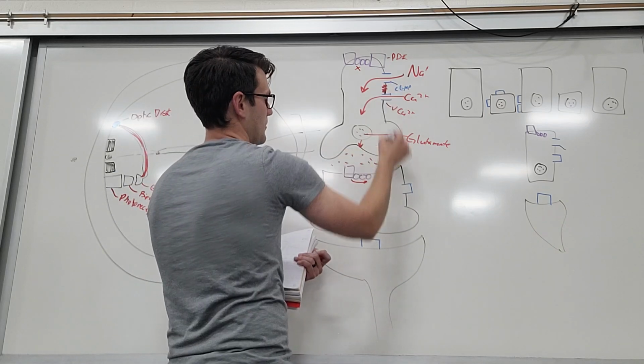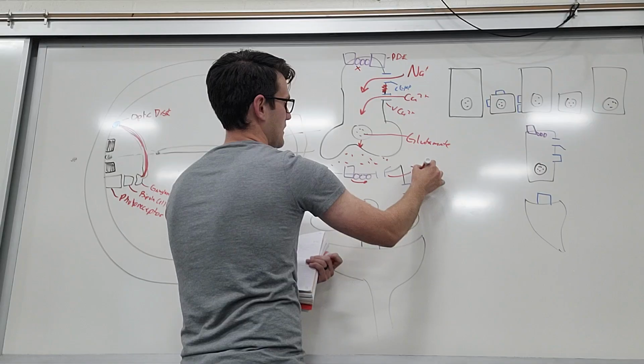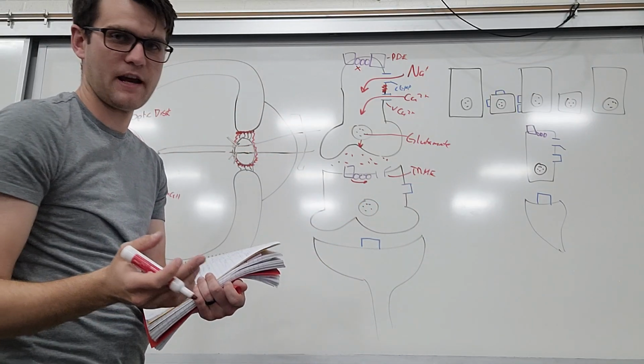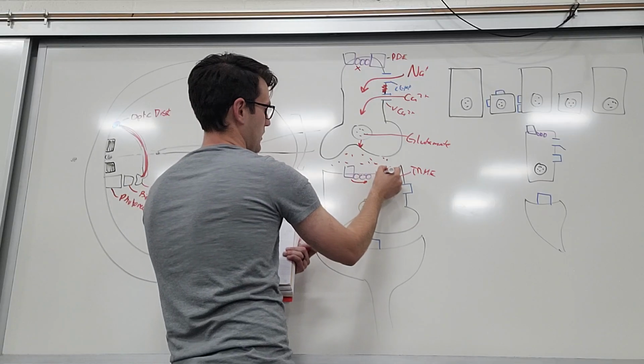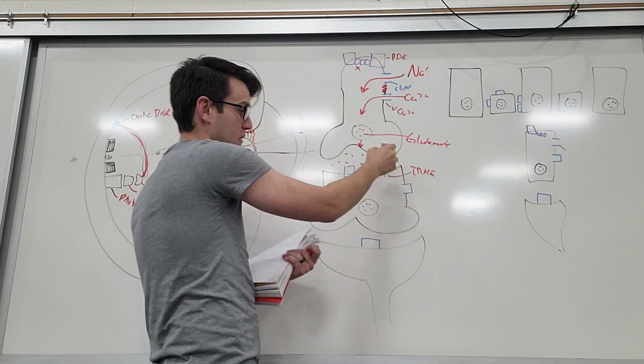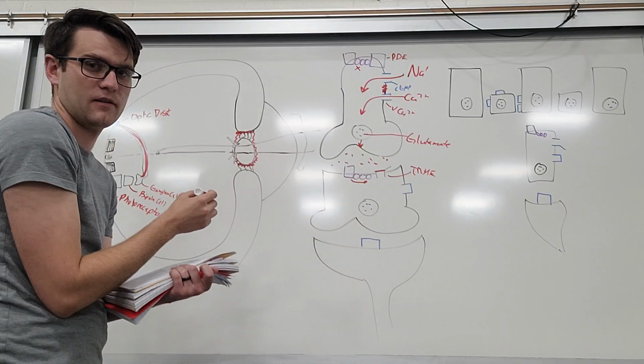And it does something similar here, except this is called a TRPM channel, which is another cation channel. And so it's going to close that. It breaks it down a little bit and closes that. So now no positive charges can get into our bipolar cell here.